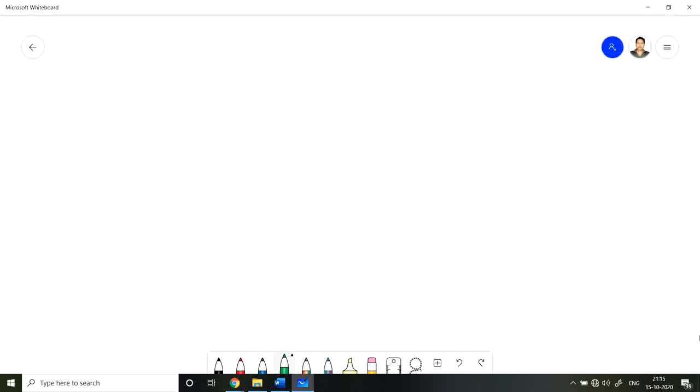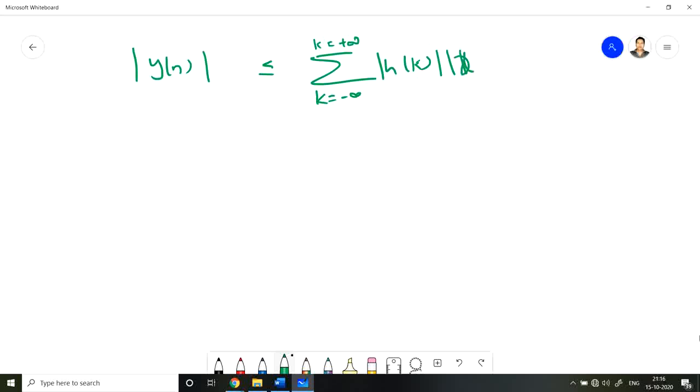Now the modulus of y[n] is less than or equal to the summation k equals minus infinity to plus infinity of the modulus of h[k], and we can separately write the modulus of x[n minus k].